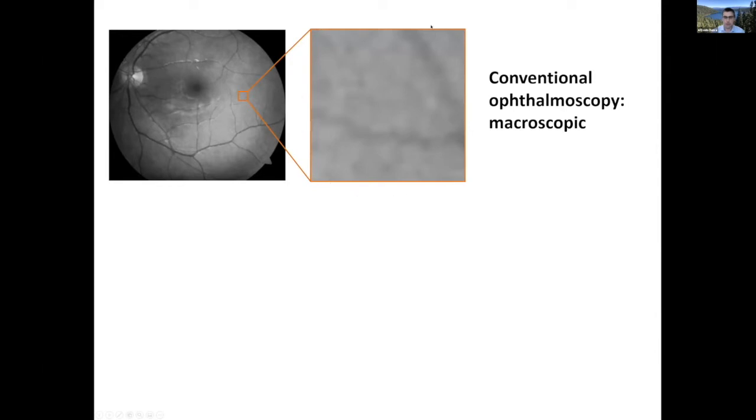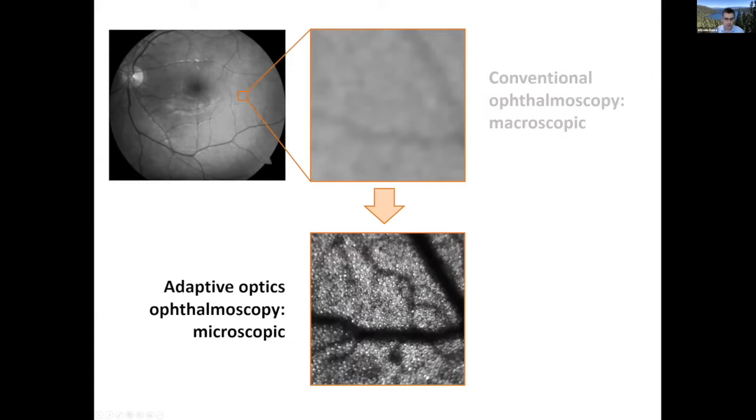And not because the instruments are bad, but because the optics of our own human eye are imperfect. If you could correct for those imperfections that are unique to every individual eye, and in fact every retina location, you could start to see individual cells.